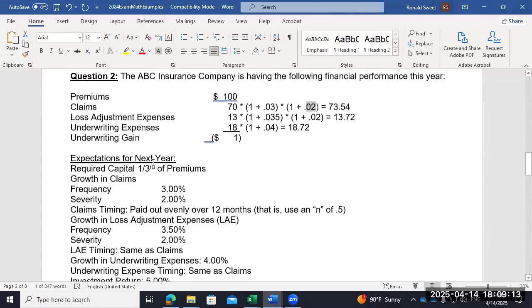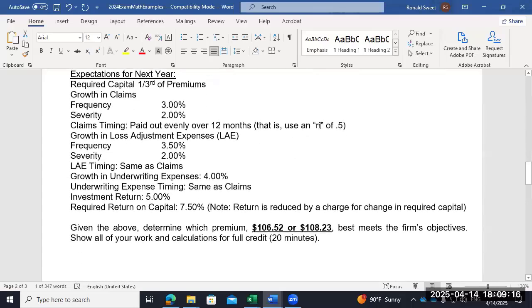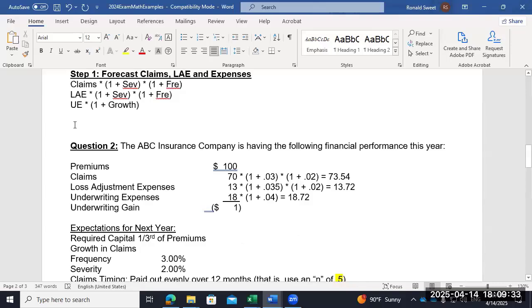Right. Now, the way the question's written, this is really important to realize. If the n for the discounting is the same, and I made it the same for all of them, it's 0.5, it saves you quite a bit of time, because what you can do, if the n is the same, you can add all of step 1 and discount to the day.